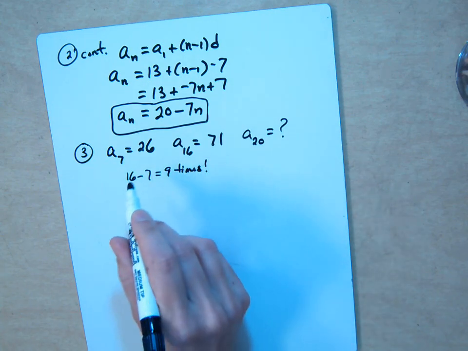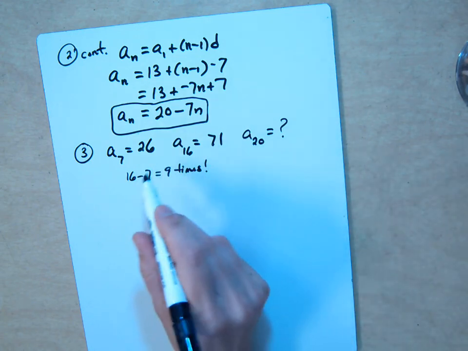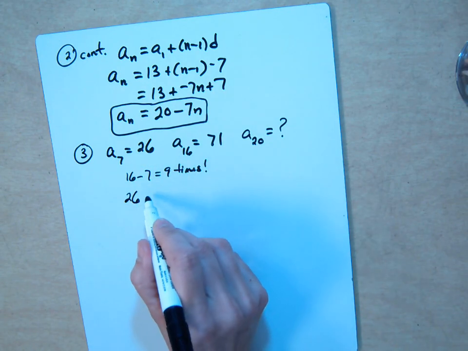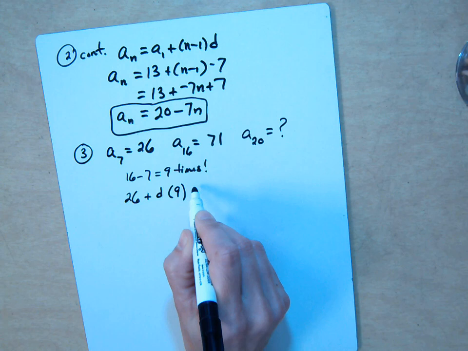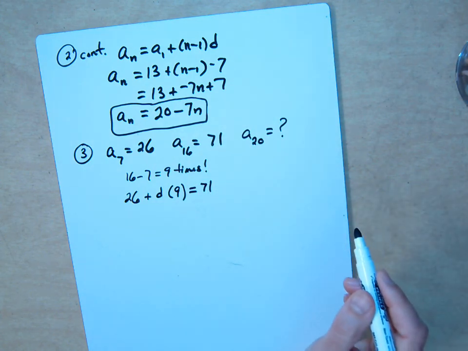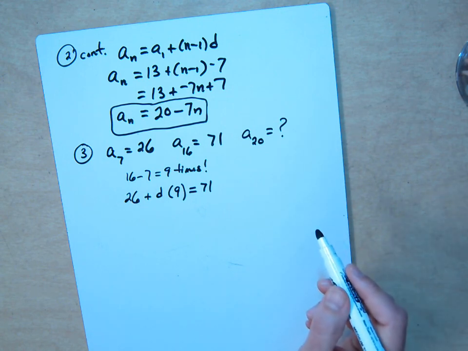You have to do it 9 times. So you write an equation to find this common difference. If I start at the 7th term, 26, I would have to add my common difference 9 times, and that would get me to 71. Do you see how that's just a basic linear equation? And that will help you find that common difference.